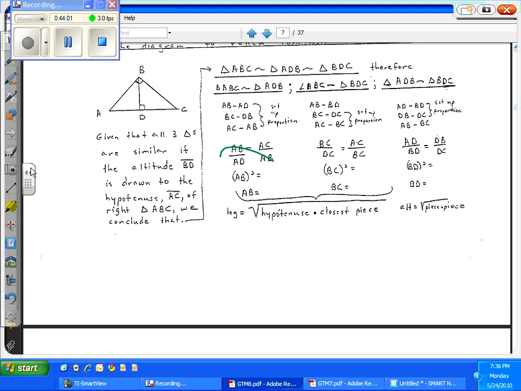If we were to solve this proportion, you would have AB times AB is AB squared is equal to AD times AC, or AC times AD, either way.